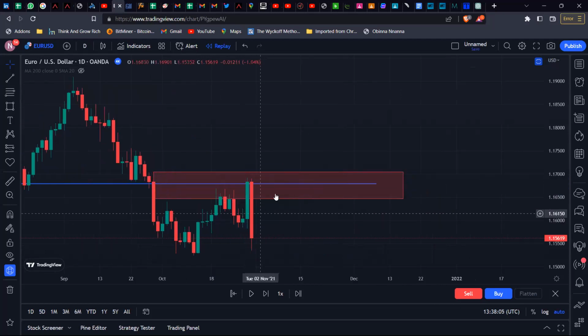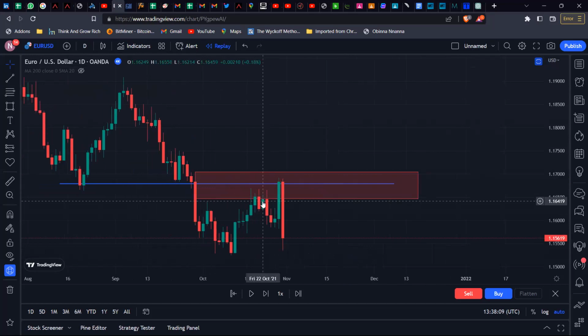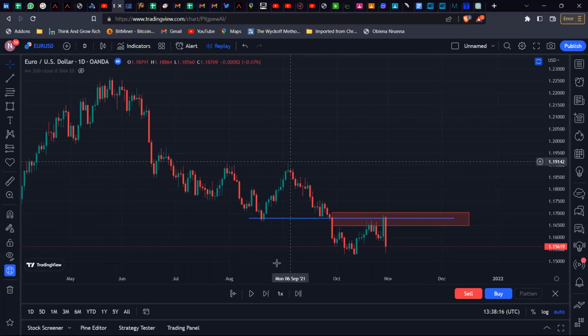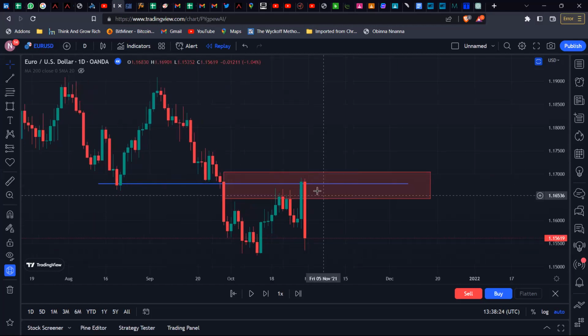The market formed another bearish engulfing candle, right? Because this is still within the scope of what we're looking out for, this bearish engulfing occurred within that area.